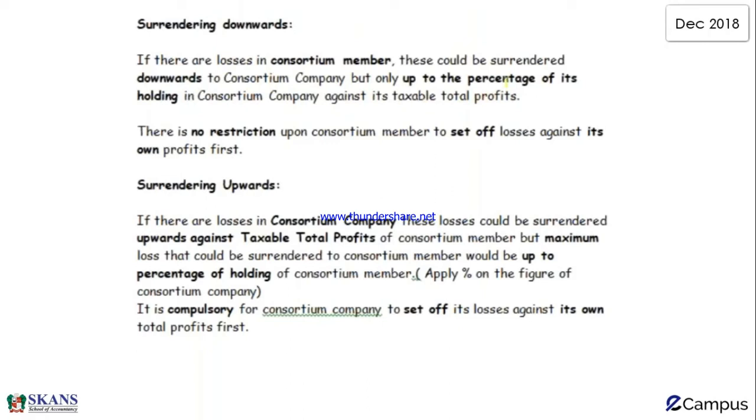So what is the maximum loss which we can surrender downwards or upwards? Well, if I say that Y Limited is owned by A Limited and B Limited, let's say 60-40, well, there would be a consortia existing over here.